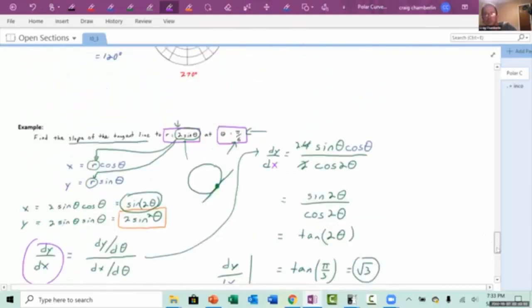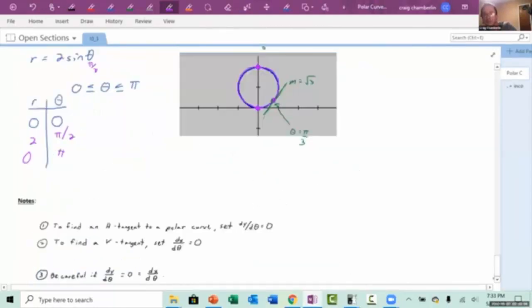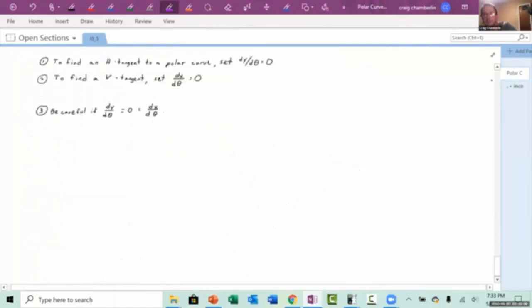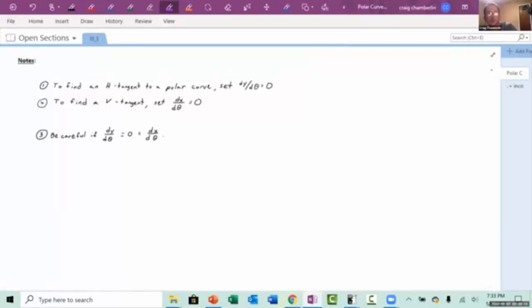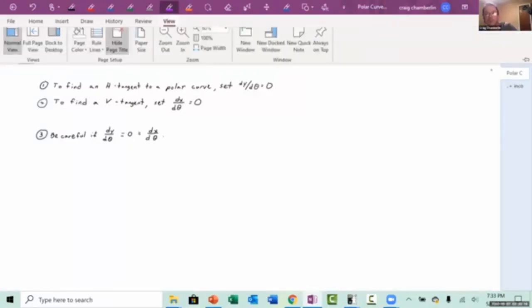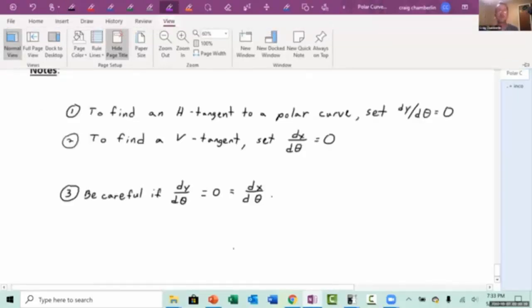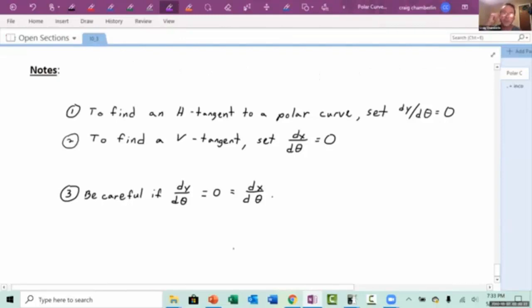Okay. So a couple of notes here. Number one, to find a horizontal tangent to a polar curve, just like before, you're going to set the numerator of the derivative equal to 0.